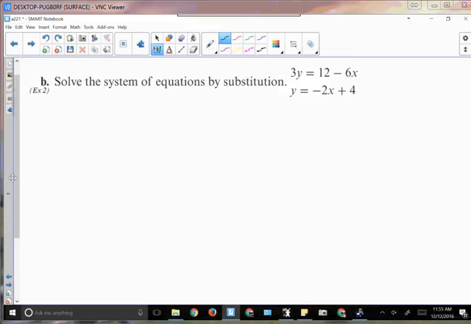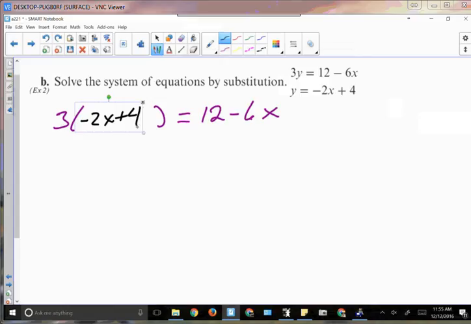I assume that since we see that y is equal to that, we should substitute that into the first equation, right? That's the easy way of doing it. So, we've got the first equation, 3, whatever y is equal to 12 minus 6x. So I put the other one in, which is going to be negative 2x plus 4. Distributive property.